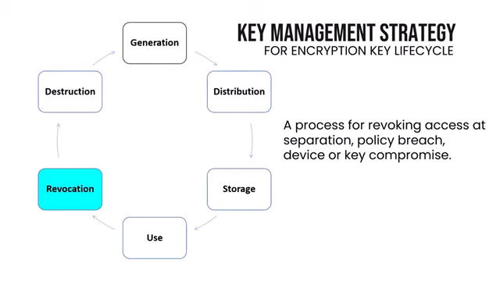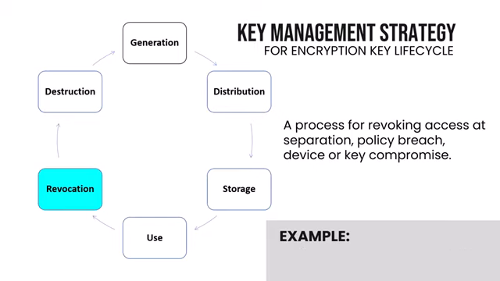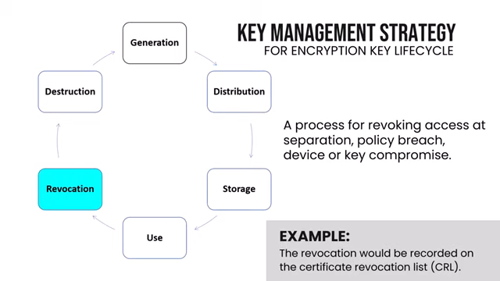And how exactly that revocation goes down will depend on the IRM solution you're working with, but if we think about it in the PKI context with certificate revocation, you would revoke the certificate on the issuing certificate authority. Presumably you would remove access control settings for a particular user, revoke that access, and the IRM solution would handle some of this in the background for you. But at the end of the day, that revocation of the certificate would be recorded on the certificate revocation list and activity logged as part of the audit trail.